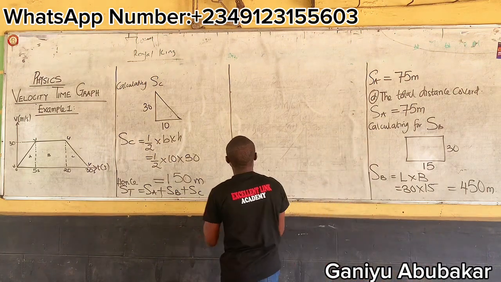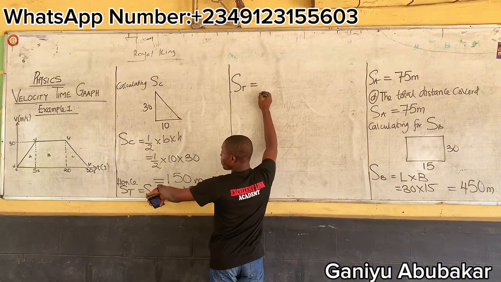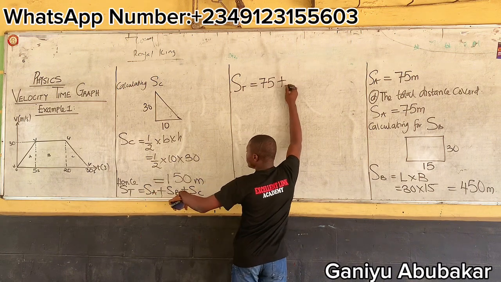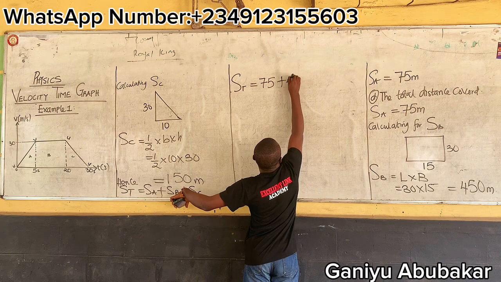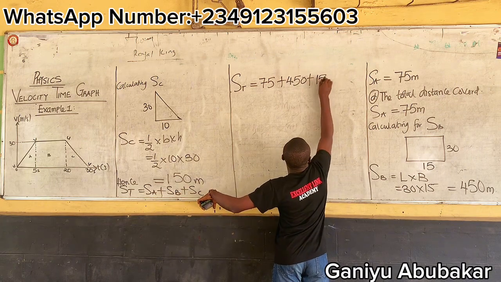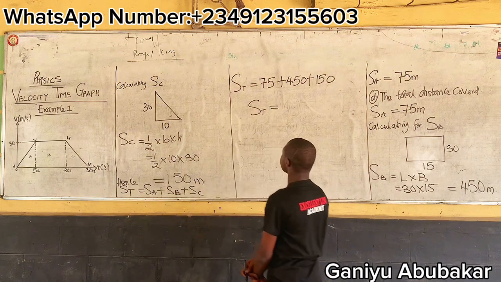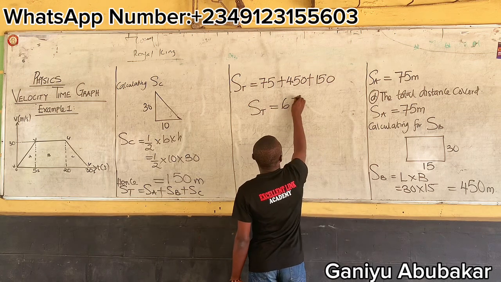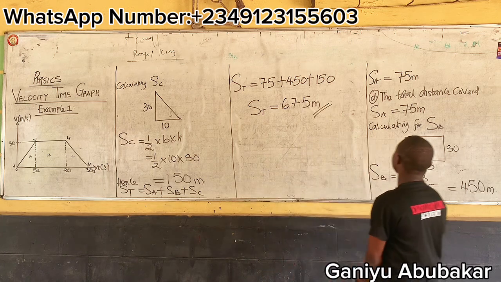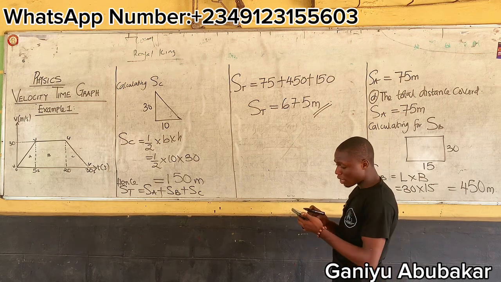Total distance S of T: SA is 75, plus SB which is 450, plus SC which is 150. Adding, total distance equals 675 meters. So when it says find total distance, it is 675 meters.